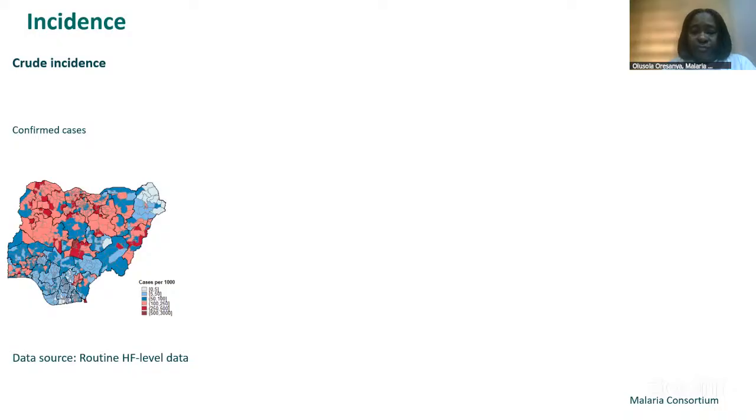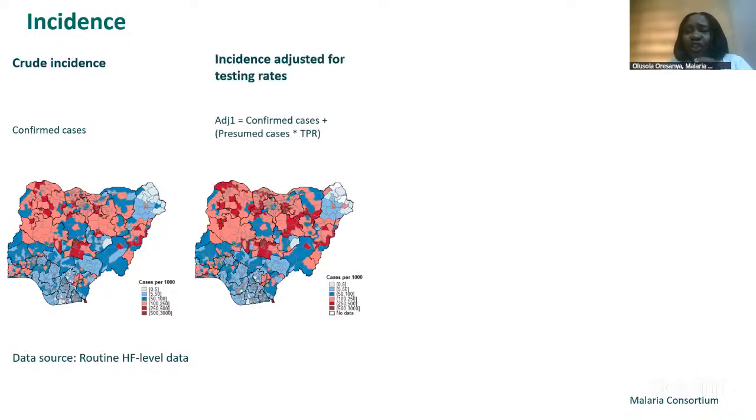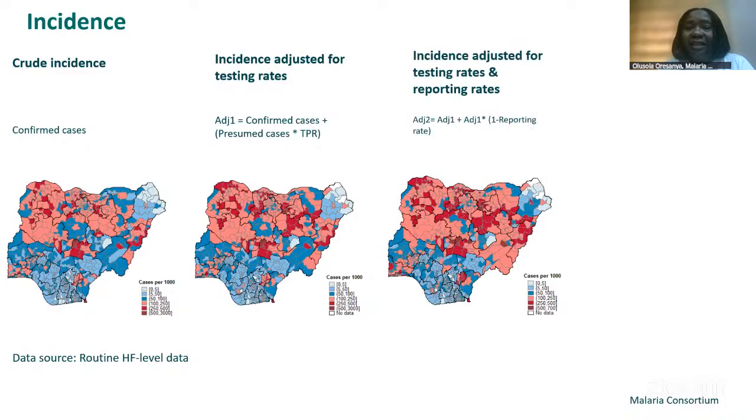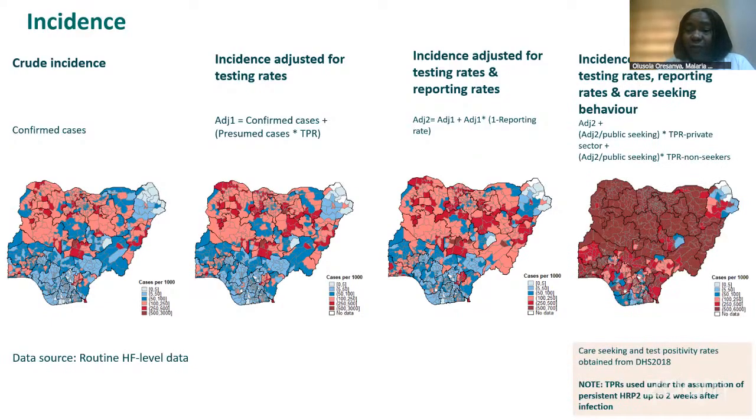And then that was adjusted for testing rates, just to be sure that what you're looking at is not just clinical fevers. It was then further adjusted for reporting rates, because whatever you pick from the HMIS does not necessarily reflect the entire country, because not all health facilities are reporting in the country. So reporting rate was also adjusted for.